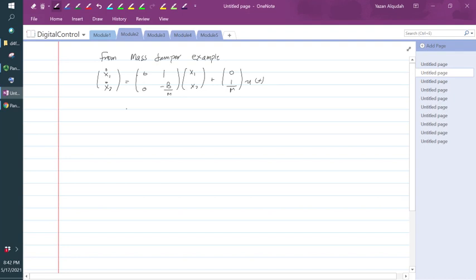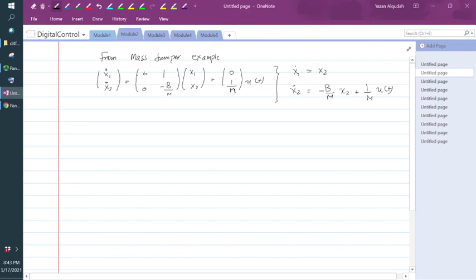So from these state equations, we can write x1 dot is equal to x2, and x2 dot is equal to negative b over m multiplied by x2 plus 1 over m multiplied by u of t.